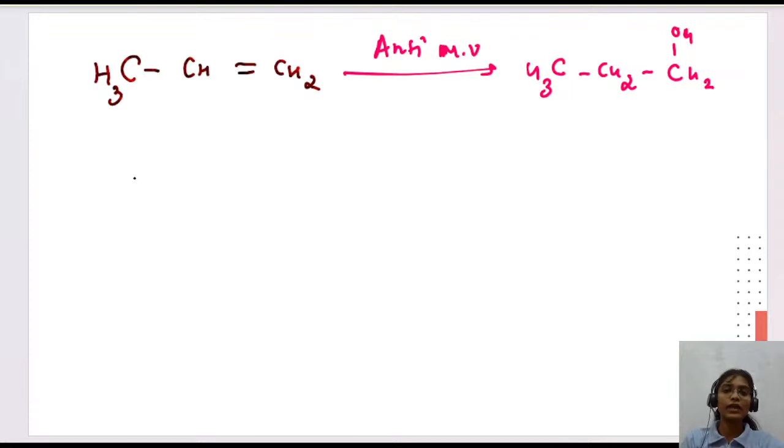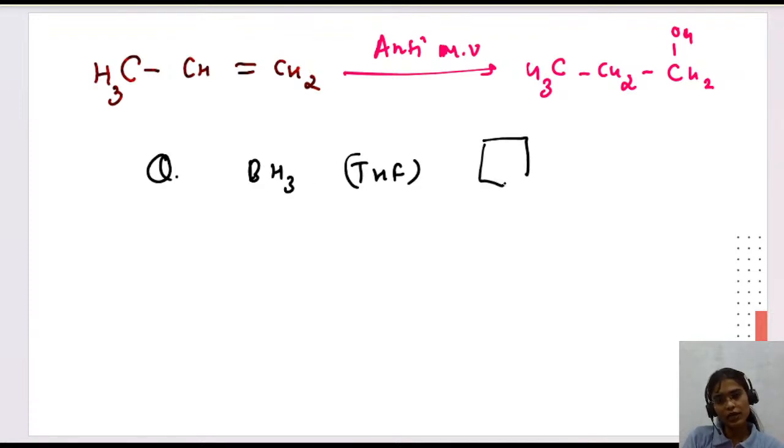But how about the mechanism? So let's record the mechanism. First question from this topic: if I'm using BH3, then what is the use of THF? THF is tetrahydrofuran. This is the THF structure. What is the use of THF? It just behaves like a solvent. Then what is so special about the solvent? As we know, boron is famous for banana bonding.